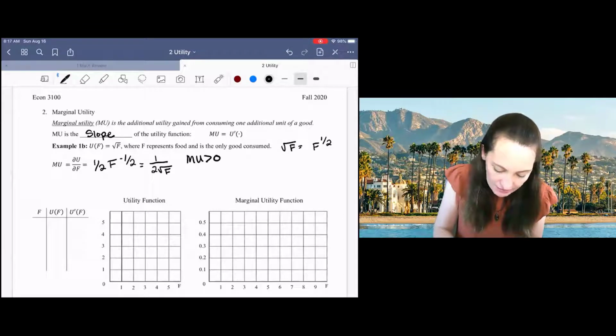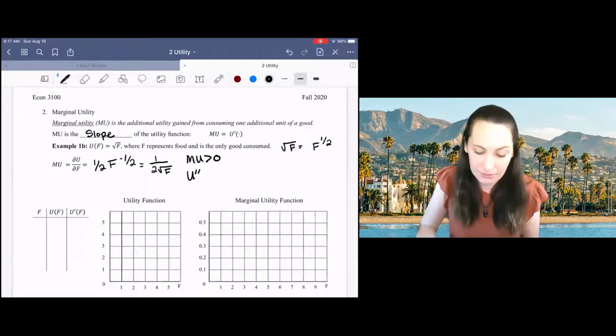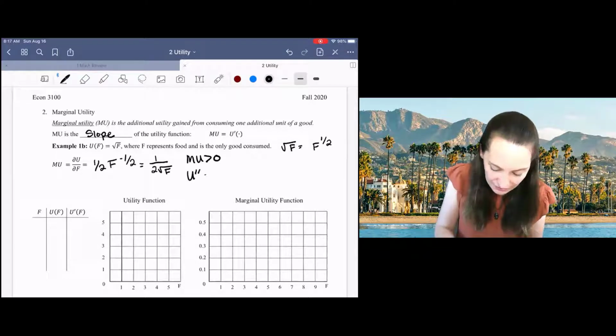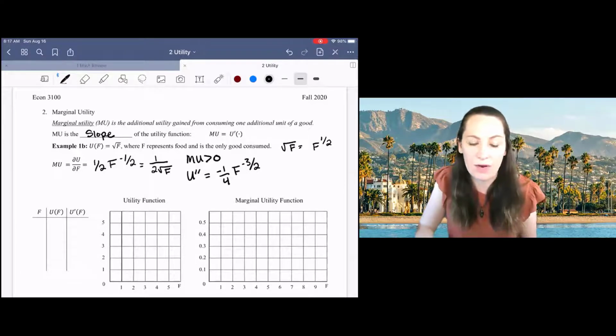So the first derivative of the utility function is positive, and the second derivative should be negative. We can see that by taking the derivative of the marginal utility function. So now I've got 1/2 times negative 1/2 is negative 1/4 f to the negative 3/2, which of course is going to be a fraction again.